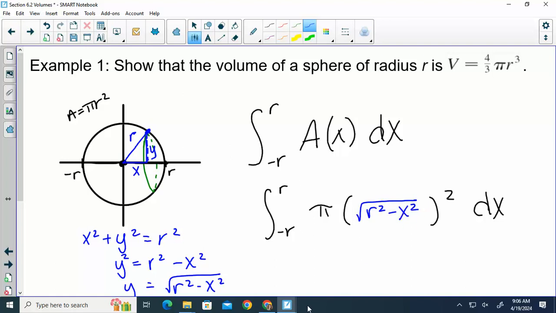All right, a little confusing because I'm talking about multiple radii here. I have the radius of the whole sphere and then the radius of that cross section. Are there any questions on what I've done so far?